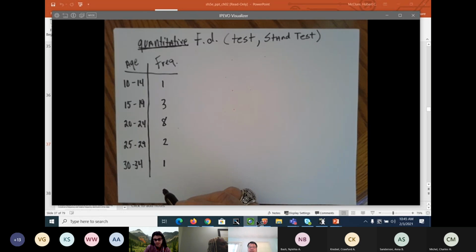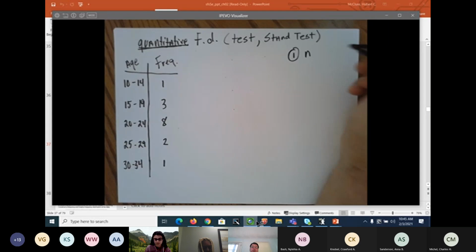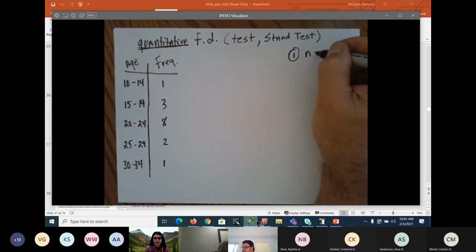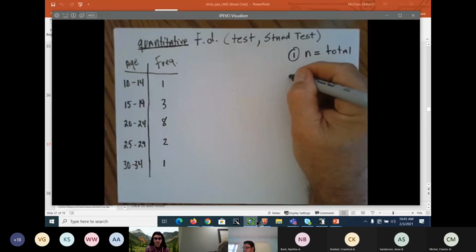Qualitative. All right, and the only thing you can do with qualitative is find the relative frequency. But with quantitative frequency distributions, first you find n, because you got to have the total. That's the first thing you do. Then you find the relative frequencies.